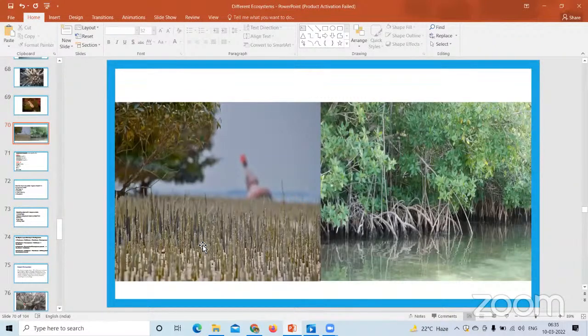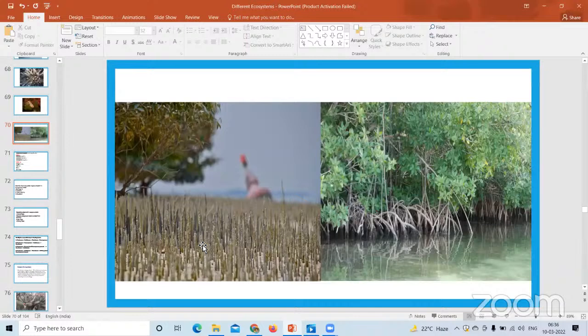To absorb more oxygen, to receive more air from the environment. Actually, in the sea water, in the salt water, the dissolved oxygen percentage is very less. So they want to absorb more oxygen, more air from the atmosphere. So they have one adaptation, that is aerial roots.